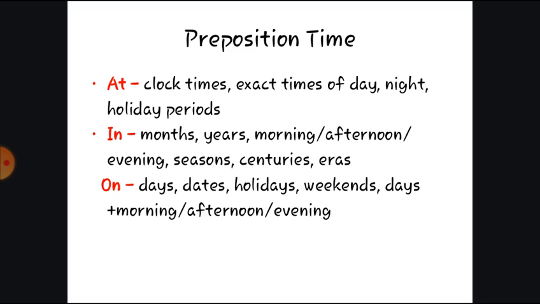So again, let's try to understand another example. You are in a red uniform. This is one example. Another example, she is in the black sari. That is another example. So here again, what you see is that in as a preposition is used.